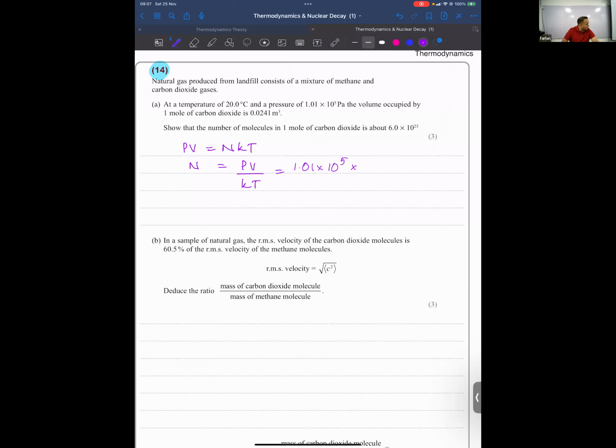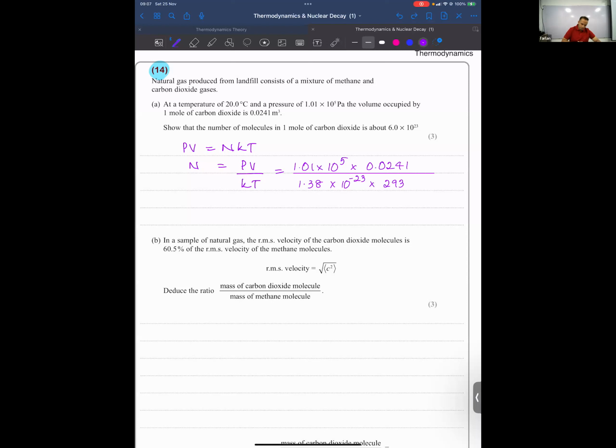Volume is 0.0241. Over k, the Boltzmann constant, which is 1.38 × 10^-23. Correct? Into T, the thermodynamic temperature: 20 degrees Celsius is 273 plus 20, which is 293 Kelvin.